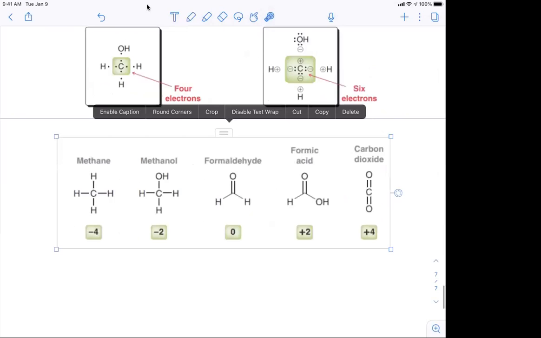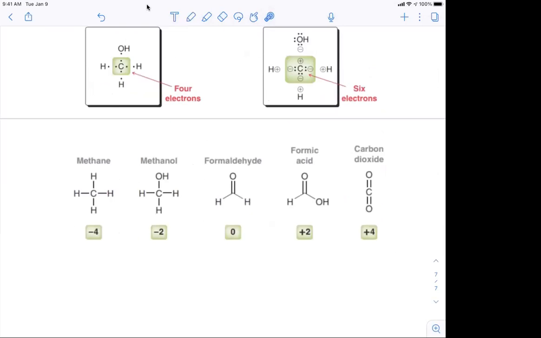And so if we look at some standard species here, methane, any of our alkanes without anything attached, that's going to be a -4 because the carbon is more electronegative than the hydrogen. Methanol here is a -2. We can see that from this example up here, right? Because plus 1 and 3 negatives gives you a -2.